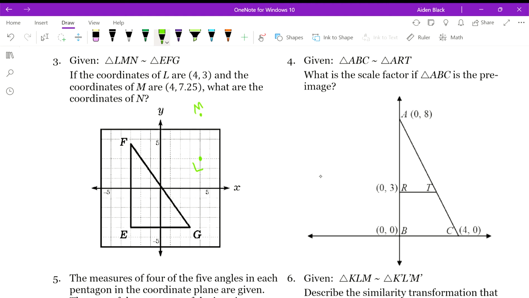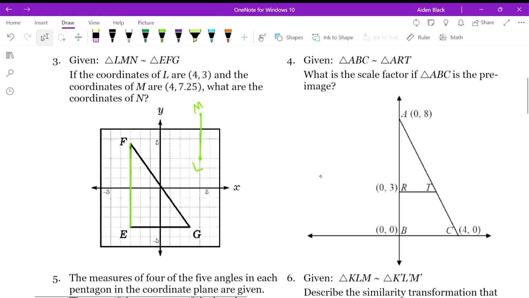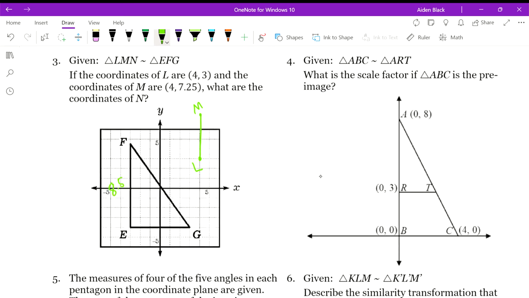So what we could do here is look at the length of LM and the length of EF. The length of EF is 1, 2, 3, 4, 5, 6, 7, 8. It looks like 8.5. So we have 8.5. And then this length here is 1, 2, 3, 4, 4.25.